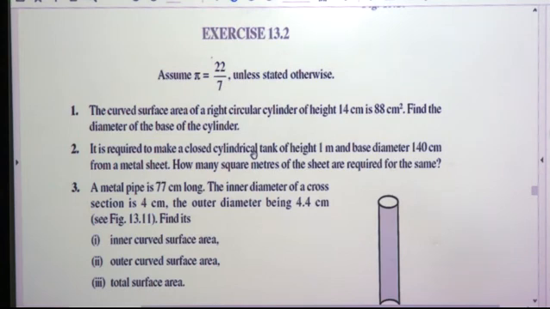Okay, the first question. The curved surface area of a right circular cylinder of height 14 centimeter is 88 centimeter square.